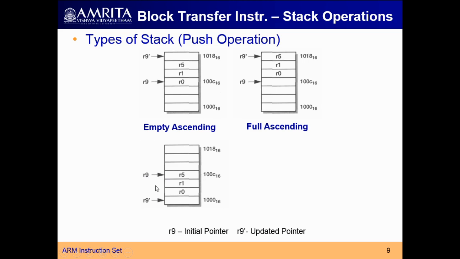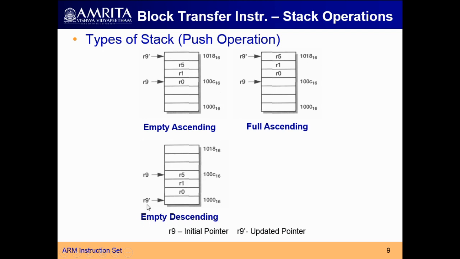That means whenever we are changing the pointer, the address location is getting decremented. The initial pointer was at 10C, and the updated pointer is at 100. That means the stack pointer is getting decremented. So this is known as descending stack. And what type of descending stack?